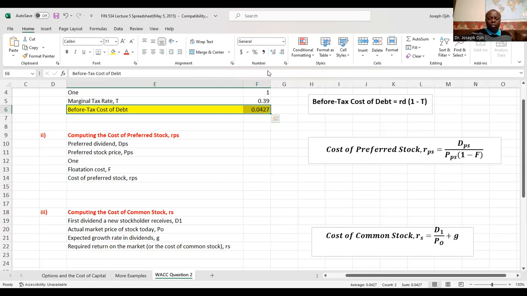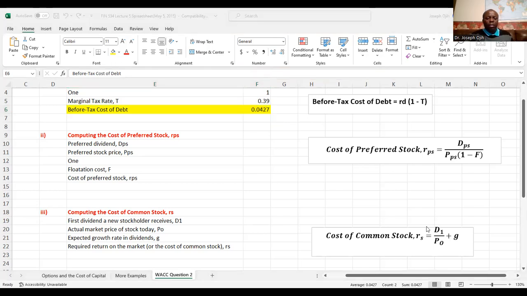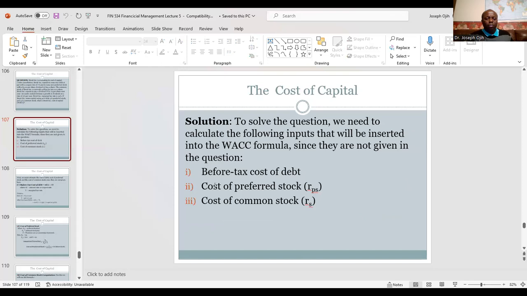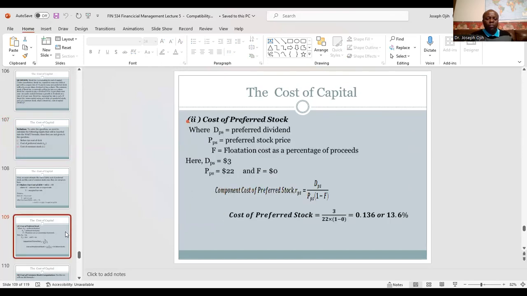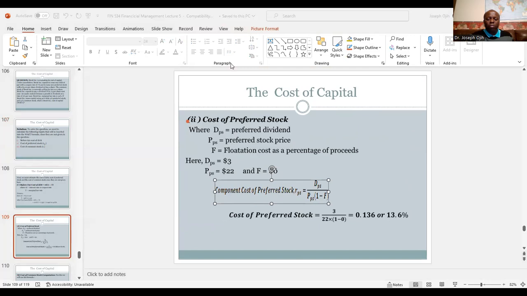The second item is the cost of preferred stock, RPS. To do that, we need DPS. See the formula right here. Let me show you where it is much clearer.